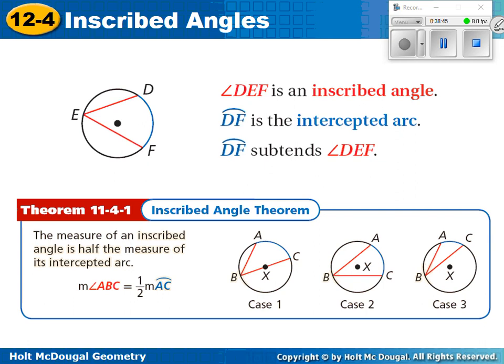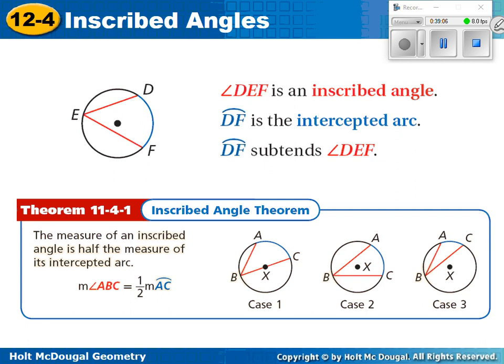Okay, inscribed angles. Every inscribed angle, the measure of the angle will be equal to half the measure of the arc that it subtends. The measure of the inscribed angle will equal half the measure of the arc.